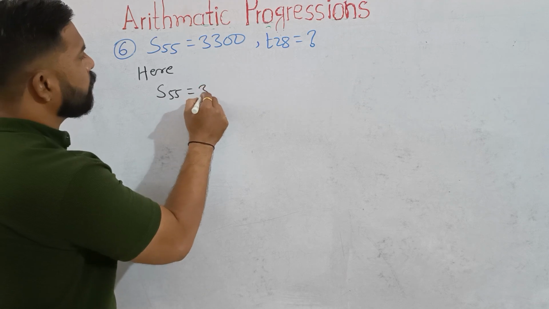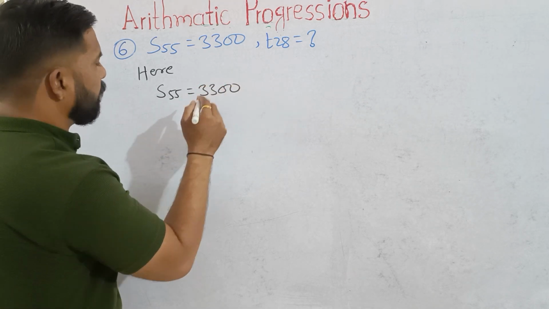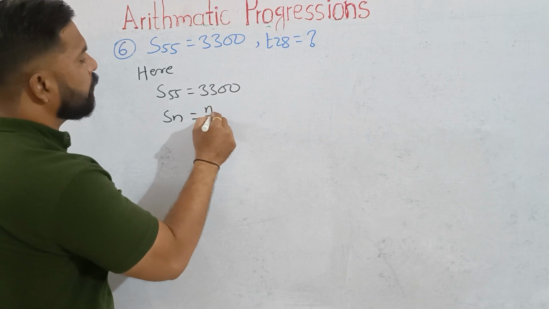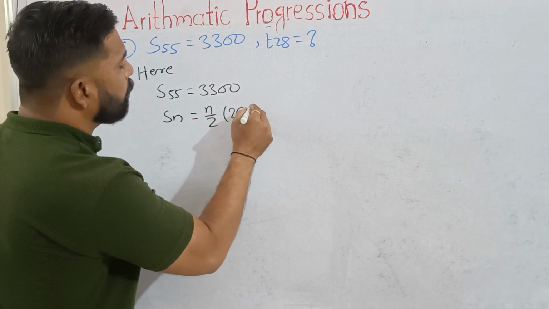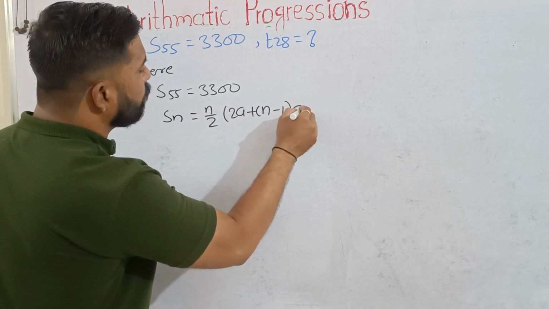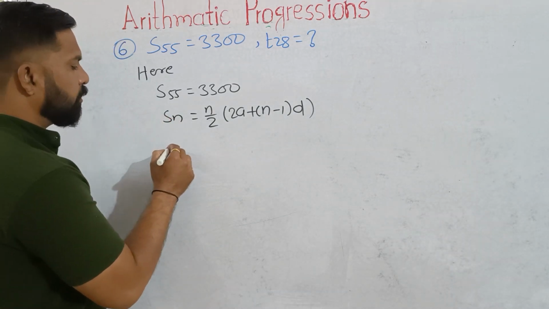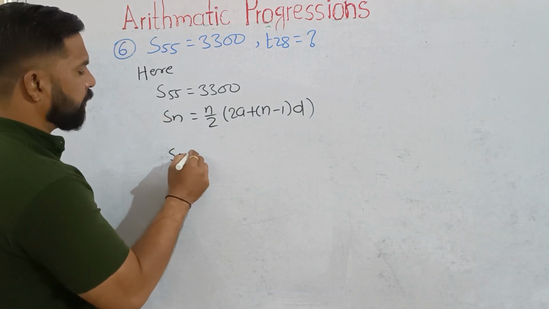So here S55 is equal to 3300. Sn is equal to n by 2 into 2a plus n minus 1 into d. We know the Sn formula. Substitute S55 here.